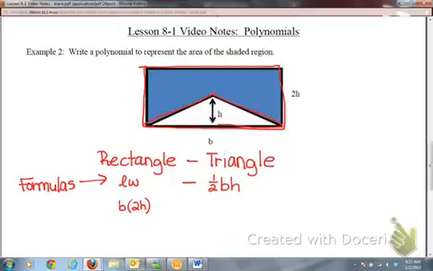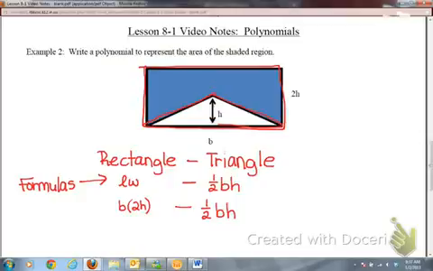But the shaded region is that minus the triangle. So I'm going to go on to my next step. I have my minus sign. And we look at the triangle in the picture. And the formula for the area of a triangle starts with 1/2, so I'm going to start with that. And it just so happens that the triangle in the picture has a base that is B, and the height of the triangle is h.